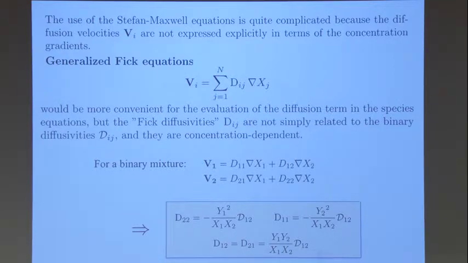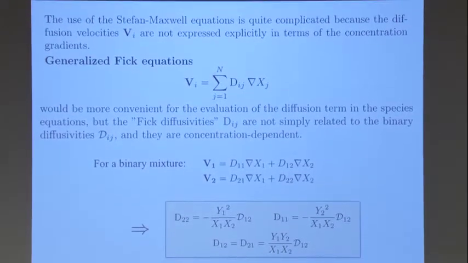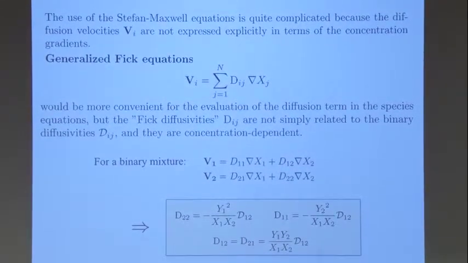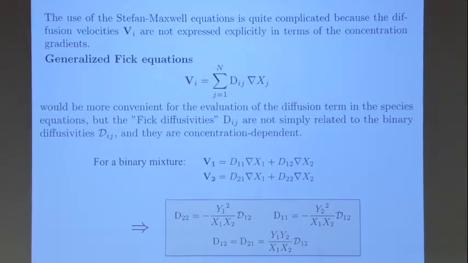In fact, if you take even a simple example of a binary mixture, you find that these coefficients are not constant. They are concentration dependent, unlike the diffusivities, which are fundamental and should be properties of just the two species. So this is one complication of using that Fick's generalization.